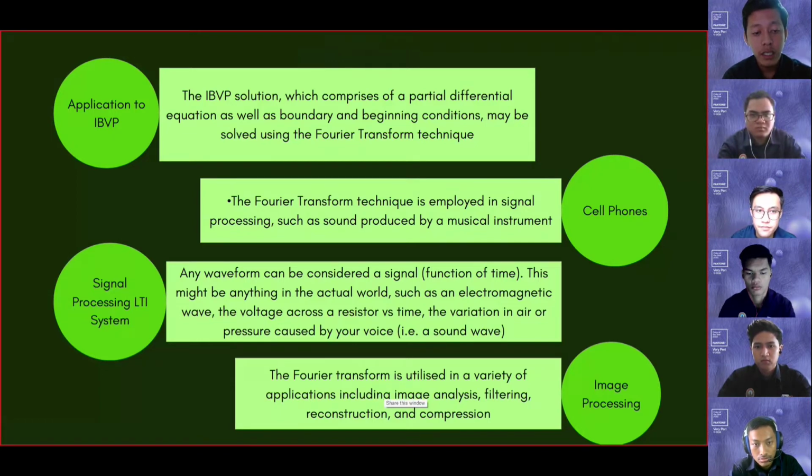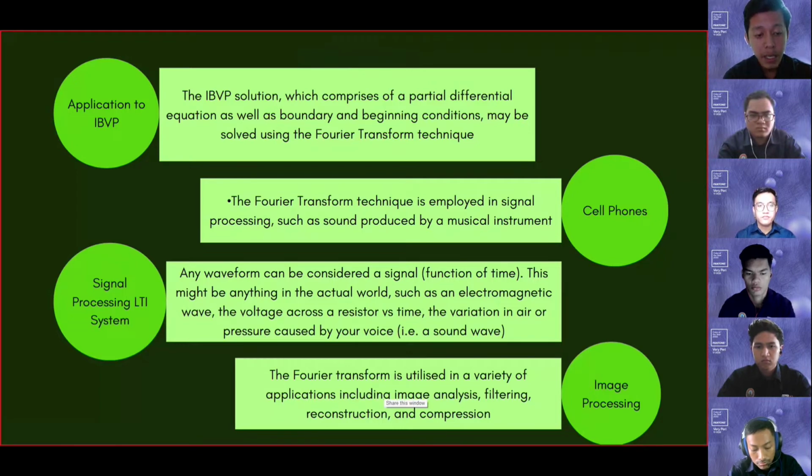For cell phones, the Fourier transform technique is employed in signal processing, such as sound produced by a musical instrument. In the signal processing LTI system, any waveform can be considered a signal function of time.